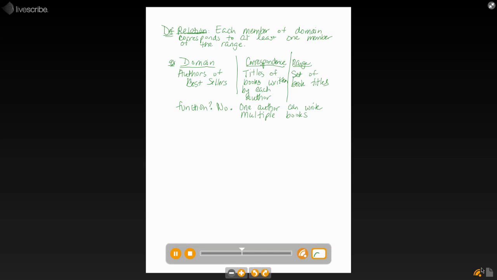Is it a relation? In other words, looking at the definition of relation, each member of the domain, so each author, corresponds to at least one member of the range. Is that true? Well, if they're a bestseller author, that means they've written a book. Right? That means they have a title. So every author has a title corresponding to them, right?